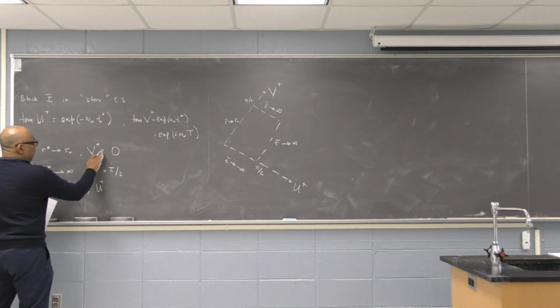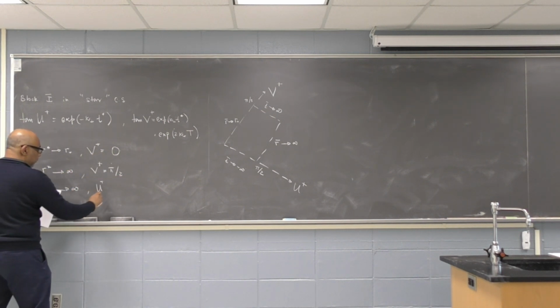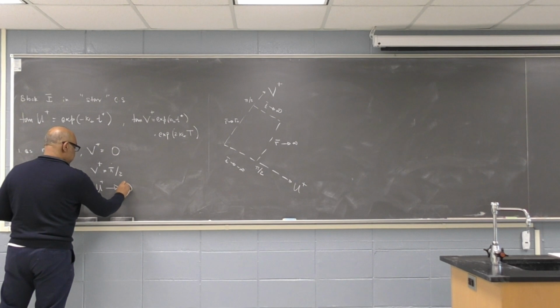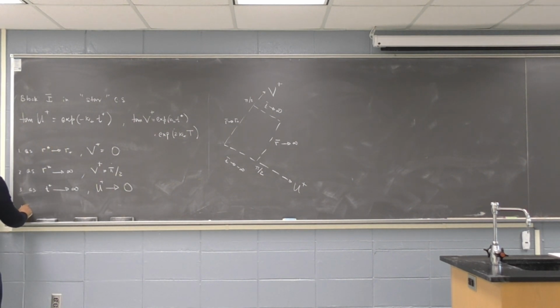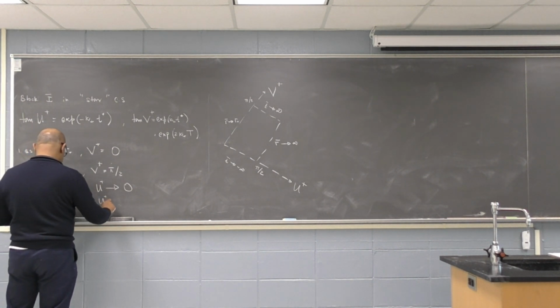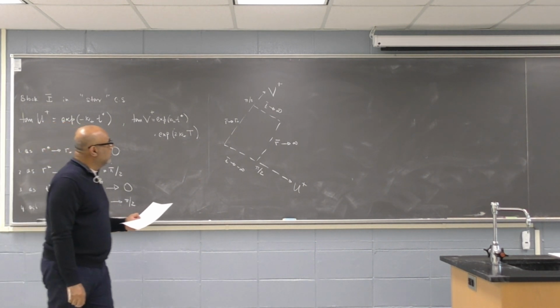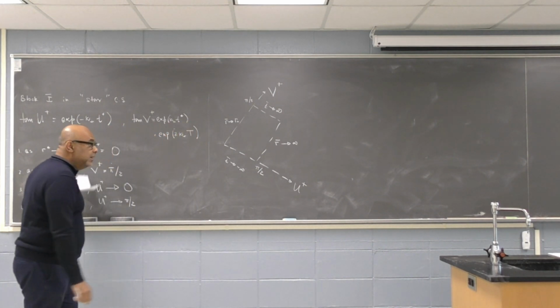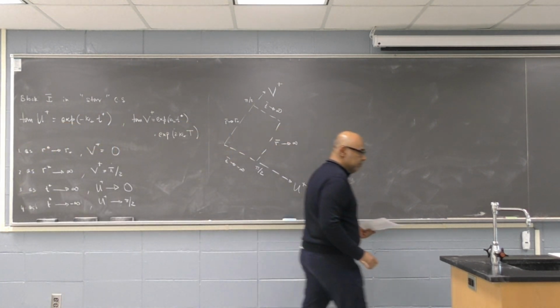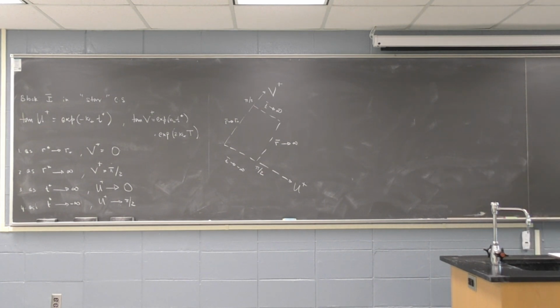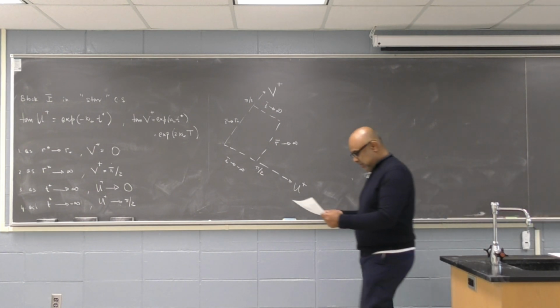Well, actually, I should write approaches 0, approaches pi over 2, approaches 0, and as t star approaches minus infinity, I get u plus approaches pi over 2. So now, when I embed this information into that diagram, I get 4 more labels. And that's absolutely crucial.